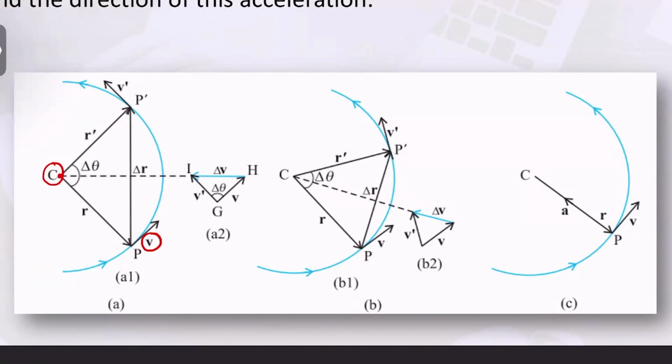If you remember correctly, I explained the position vector. The position vector is the vector drawn from the origin to the position at some time t. Now the velocity at that point is in this direction.